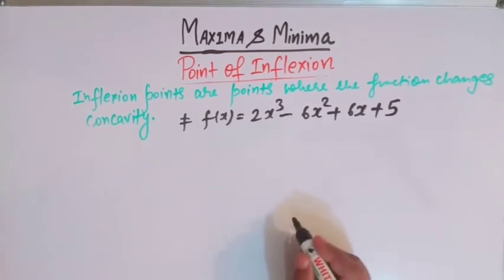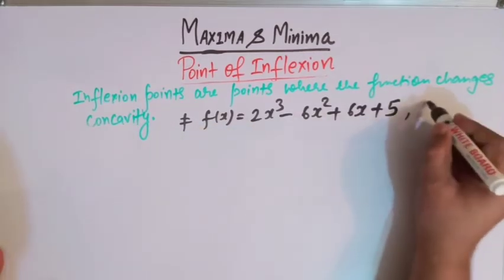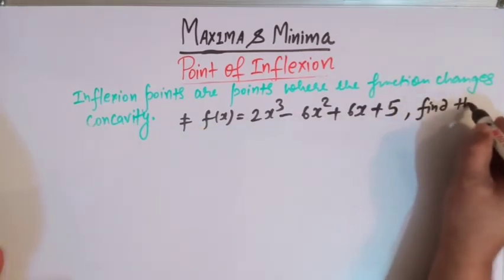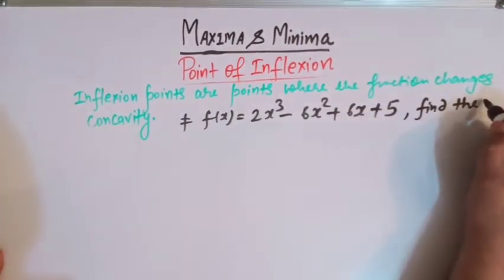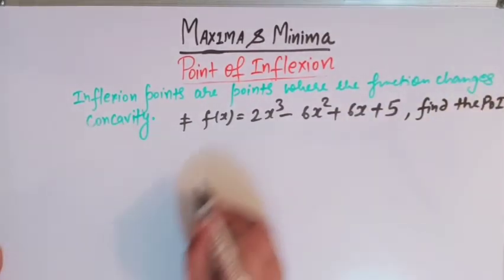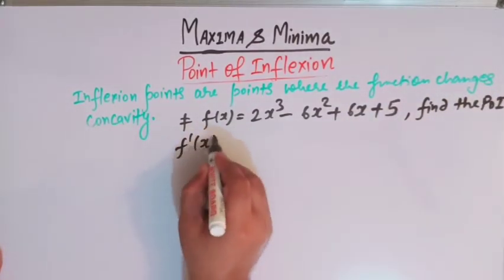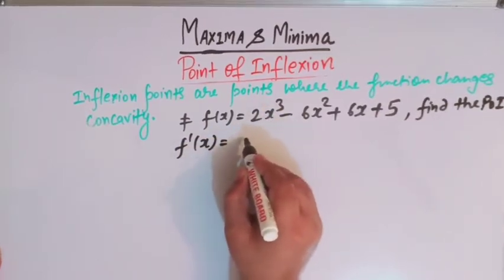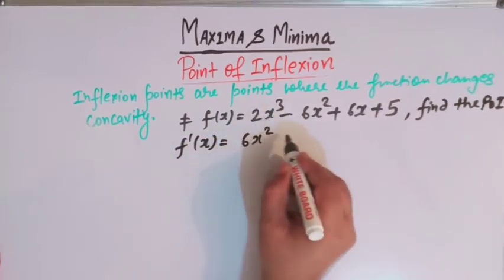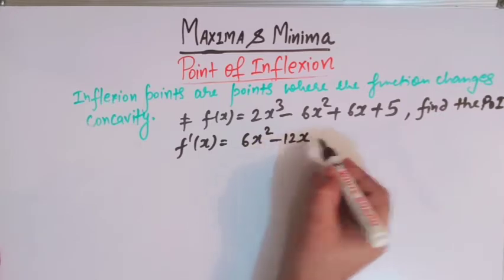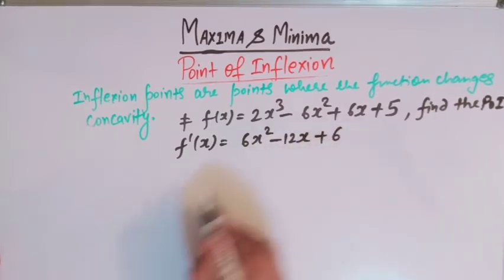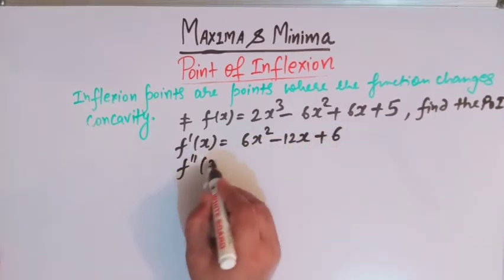Now viewers, let us take this function and find the point of inflection. What we will do is find the first derivative, and the first derivative is 6x square minus 12x plus 6, right? Now we will find the second derivative.